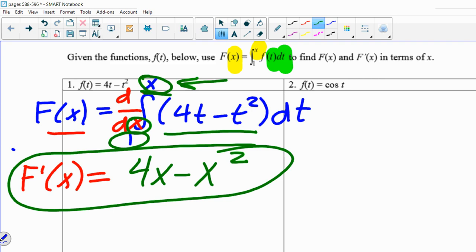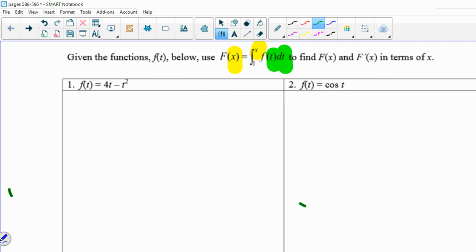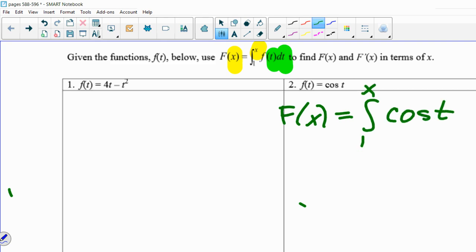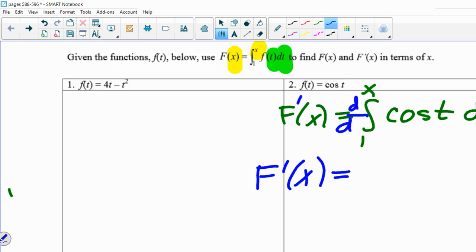Let's look at number 2. Big F of x is the integral from 1 to x of f of t dt, which in this case is cosine t dt. So big F prime of x, if I take the derivative of the left side, I have to take the derivative of the right side.